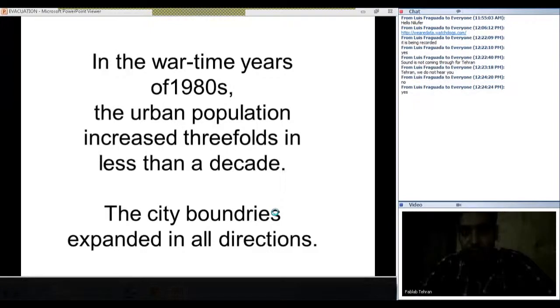It's now a bustling city of 15 million people.